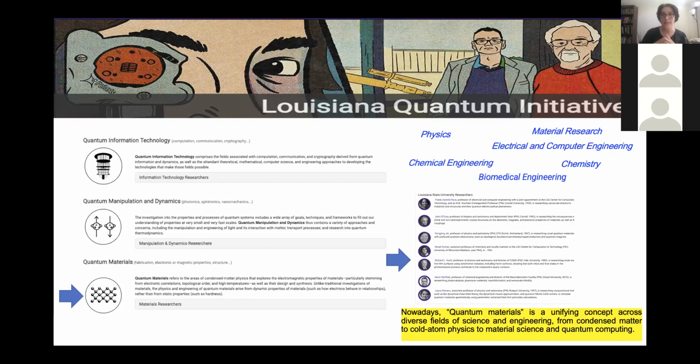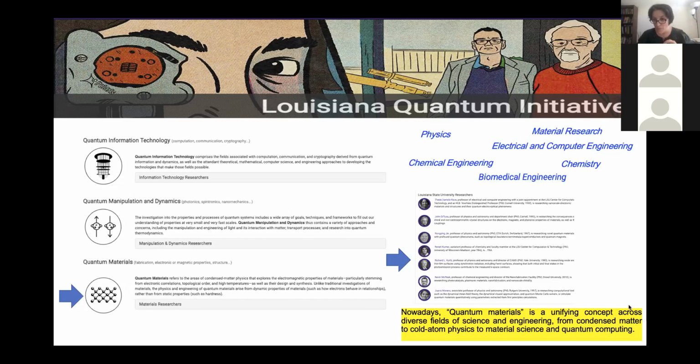If you Google this, it gets you to this website, and you will see that there are many groups and many directions explored through this quantum initiative. One of them is to study quantum materials. And if you follow that link, you will see different researchers involved in this part of the initiative.